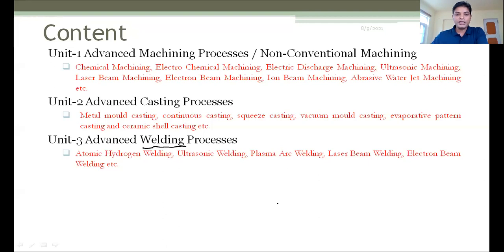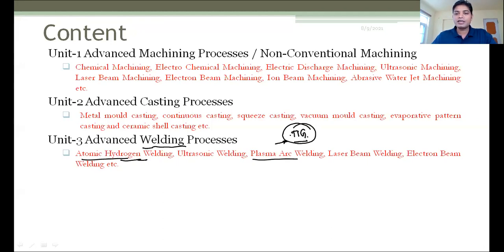If we talk about advanced welding, I think Sir has also discussed these processes, and you have studied plasma arc welding and atomic hydrogen welding. These are related to the advancement of TIG.